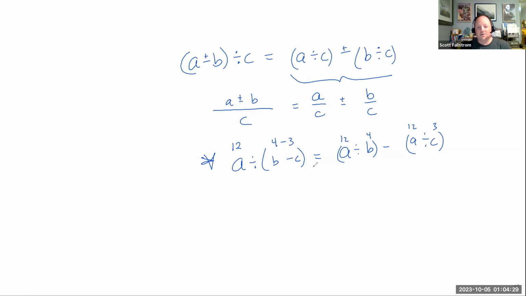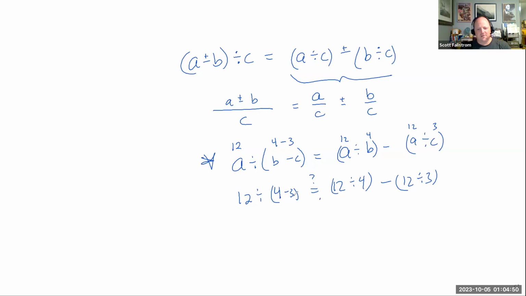Okay, let's take a look here. If I had this, it would be 12 divided by 4 minus 3. And I'd ask, is that the same as, question mark, 12 divided by 4 minus 12 divided by 3? If this distributive property works, then it should be just fine.